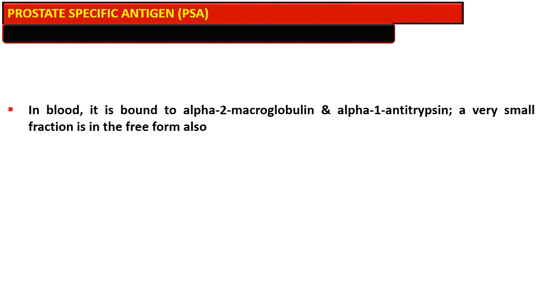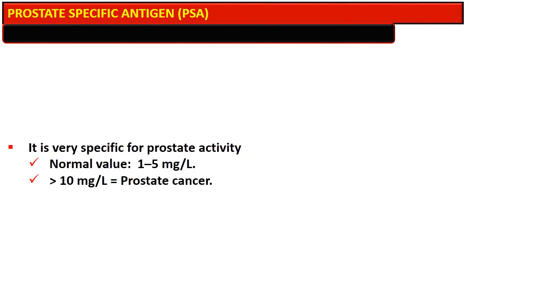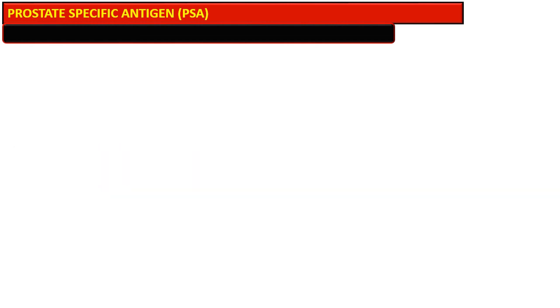A very small fraction is present in free form also. The normal value of prostate-specific antigen is 1 to 5 microgram per liter, and in cancers it is more than 10 microgram per liter. It is very specific for prostate activity.